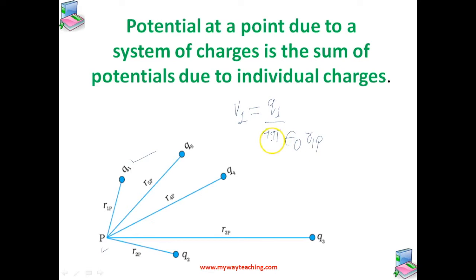Where r1P is the distance between q1 and P. Similarly, potential at point P due to charge q2 is given by q2 by 4 pi epsilon naught r2P, isn't it?